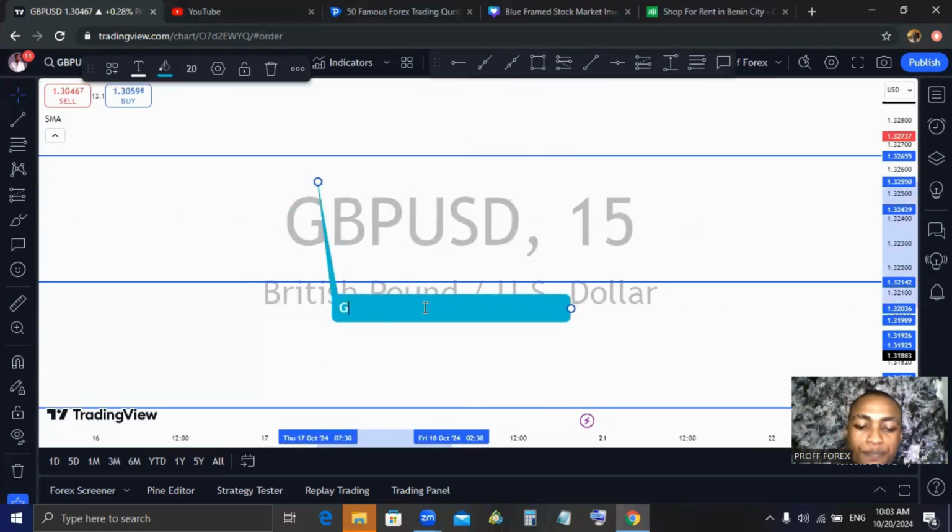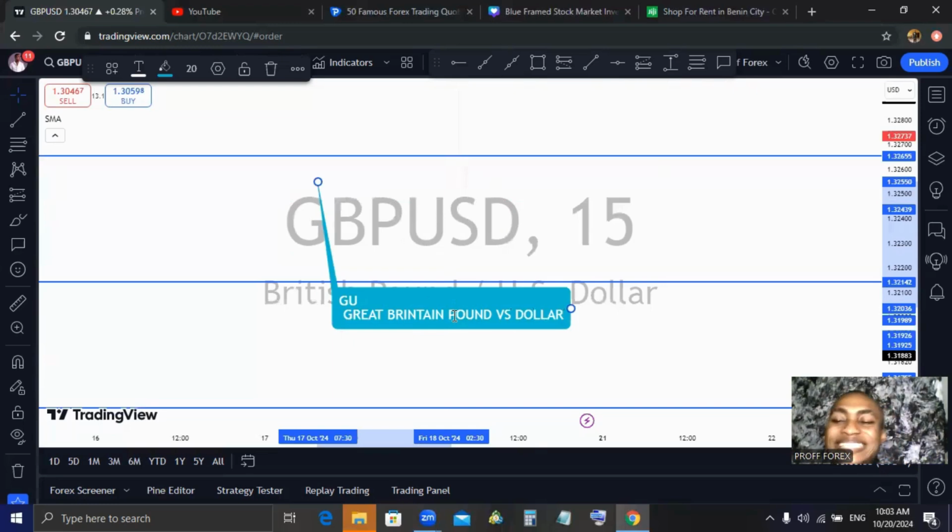GU simply means Great Britain pound versus dollar. The G starts with Great Britain. That's the pound the UK uses, to those who don't understand. Then versus dollar, you mean United States dollar. So those are the abbreviations. That's just what I was talking about on my Reels on Instagram just now.